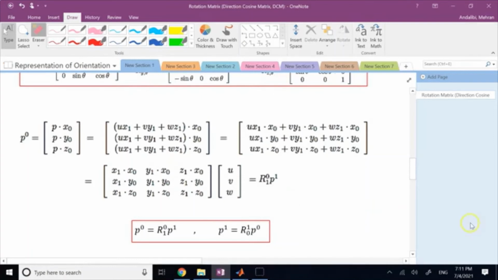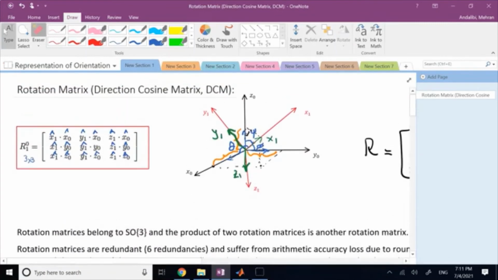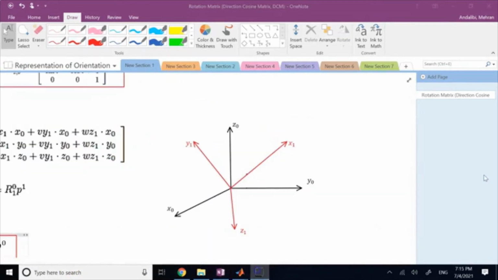So what it says is this. Let me show you. Let me clean up this, guys. So here I have these original x, y, z, 0 and 1 both here, and now my goal is this. I have the coordinate of one point P, and I have the coordinate of this point P in frame 1.